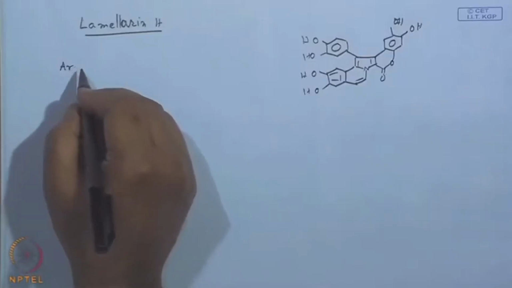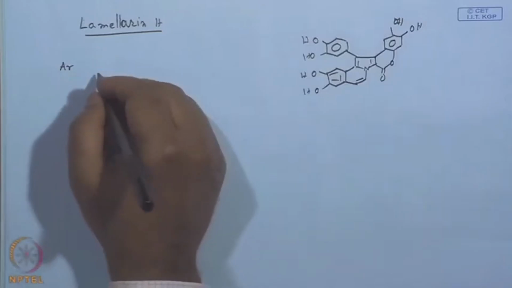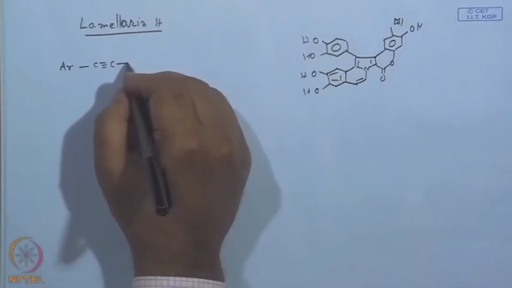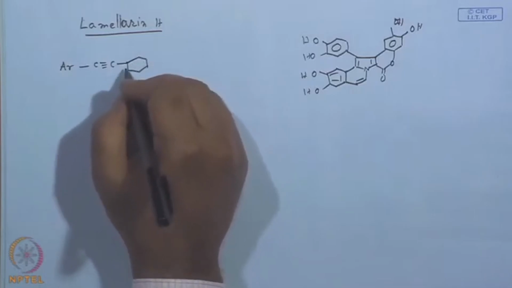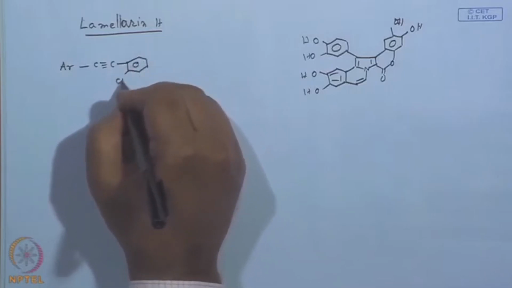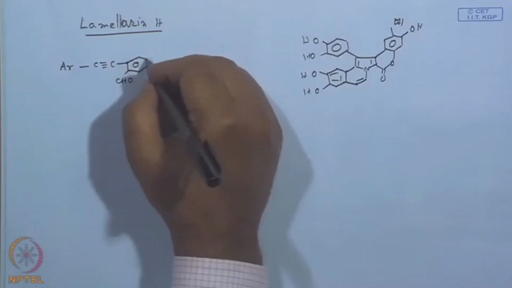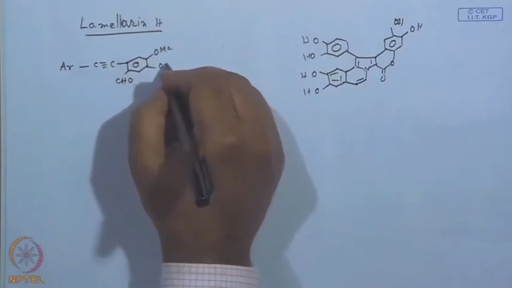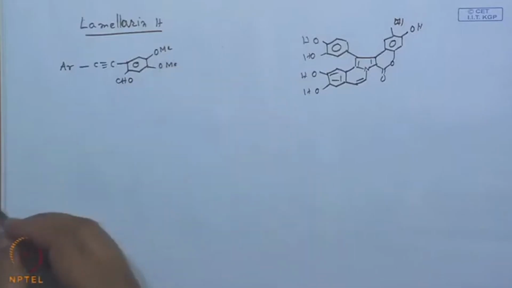The first thing that is done, let us say, in brief I will write Ar, meaning one of those phenyl groups. You begin with an acetylenic compound, and then with an aldehyde, and the methoxy here, and this again a methoxy, for example.